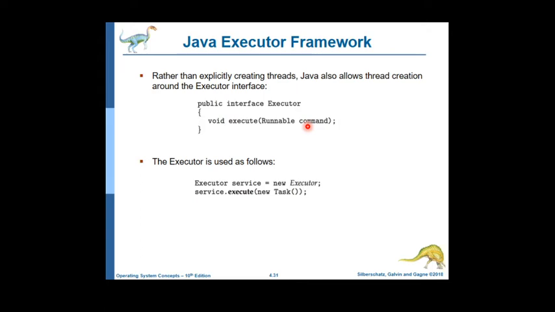For Java developers, this means using an Executor rather than creating a separate Thread object and invoking its start method, as we did with the Thread class in the previous slide. This is how the Executor is used. Let's look at the example.